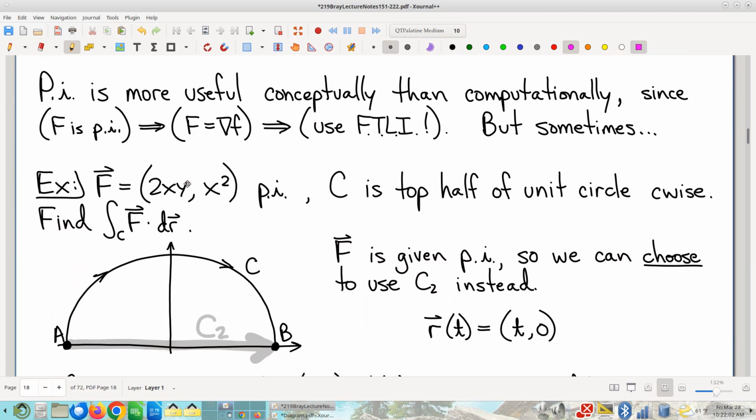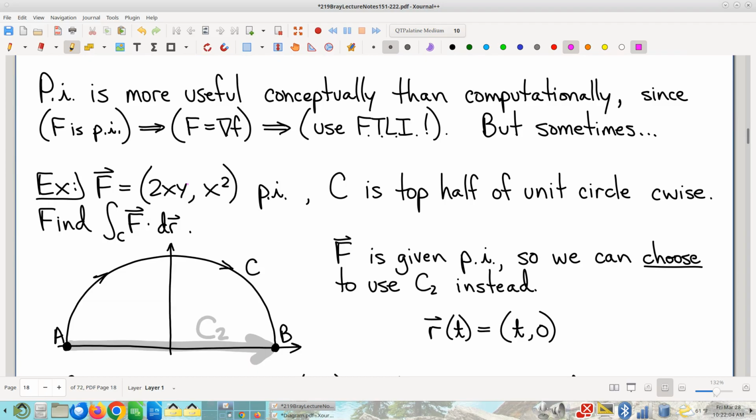Okay, so here's where we are picking up. There is a disappointment with path independence. It turns out that from a computational point of view, it's not that useful. Sometimes it is, but in many cases, not that useful, because let's face it, if you have a path-independent vector field, you're going to somehow capitalize on the path independence.